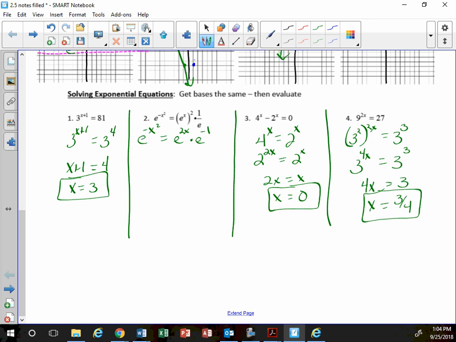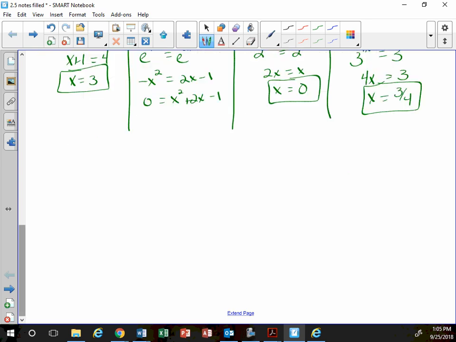Okay, same base, so I know I can add my exponents. So I really have e to the 2x minus 1 over here. Bases are the same, so -x squared equals 2x minus 1. 0 equals x squared plus 2x minus 1.